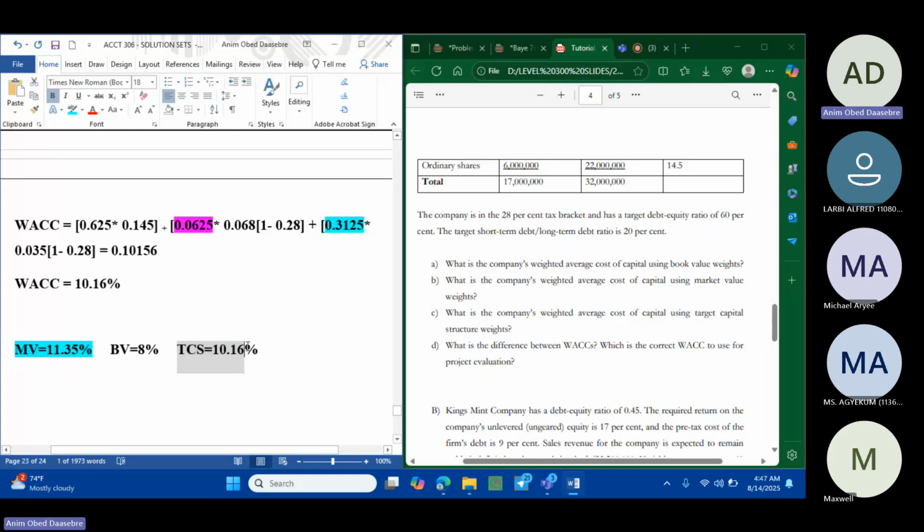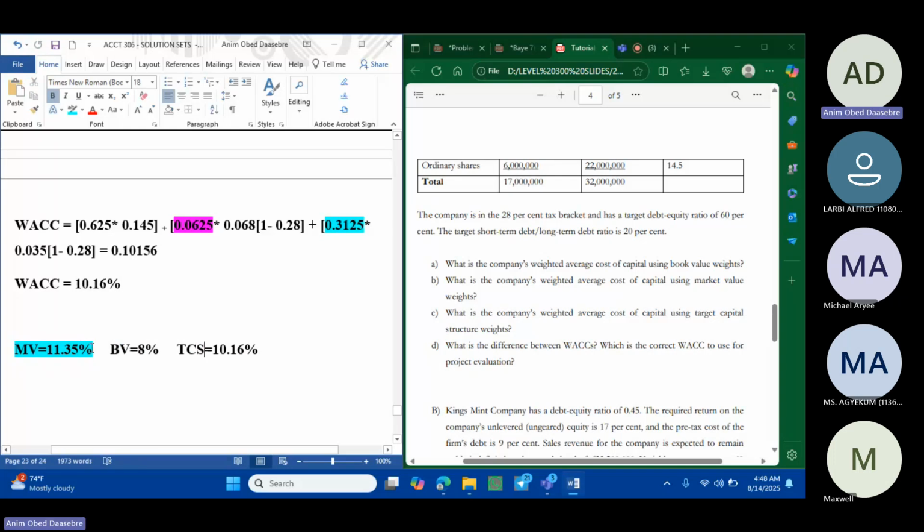So in terms of project evaluation, to get the best results, the best one you can use is the market value, since it is objective. It reflects current market conditions as at today. So the best WACC to use is the market value.